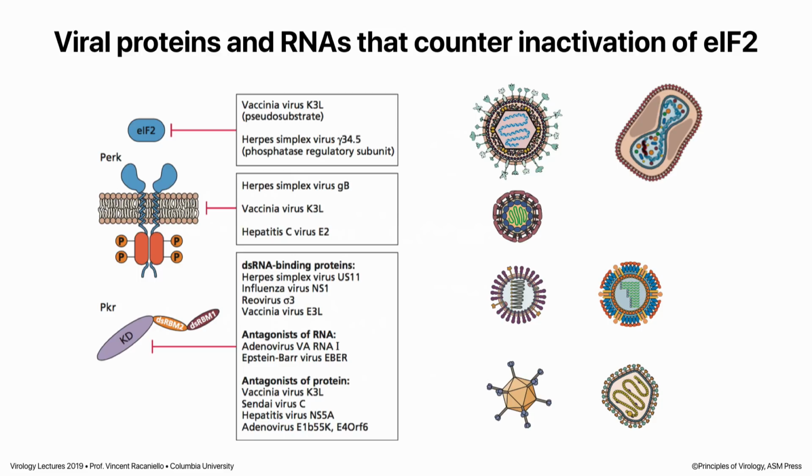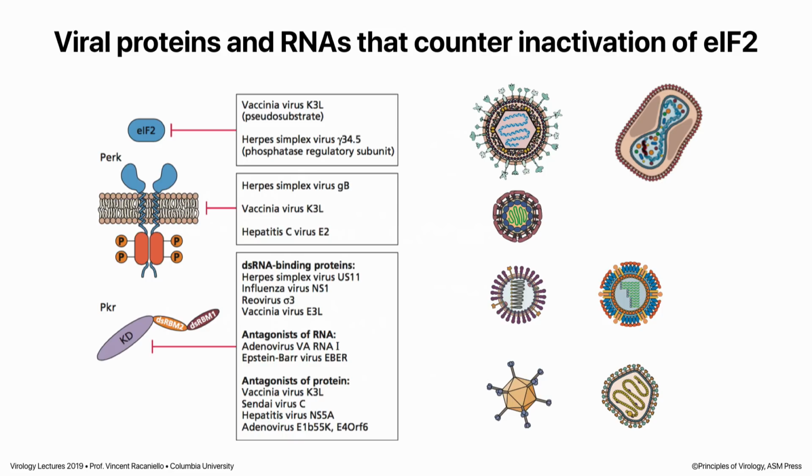What does that mean? So the vaccinia virus K3L looks just like eIF2. And so PKR goes to phosphorylate it, and the virus makes so much of K3L that there's not enough PKR to phosphorylate eIF2 alpha. So translation occurs.